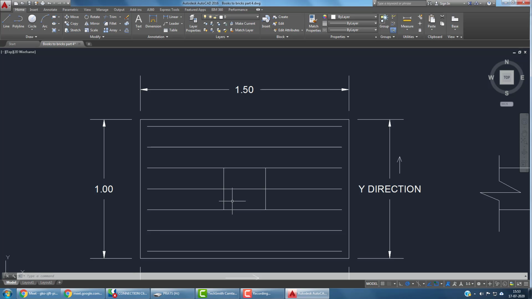Are you guys listening to me at least? 150, that is what I entered, 0.15. Spacing is 150 mm.